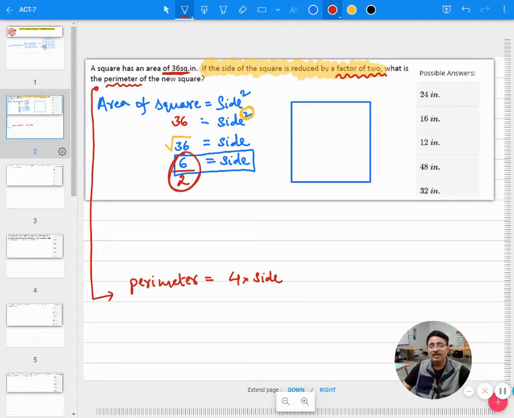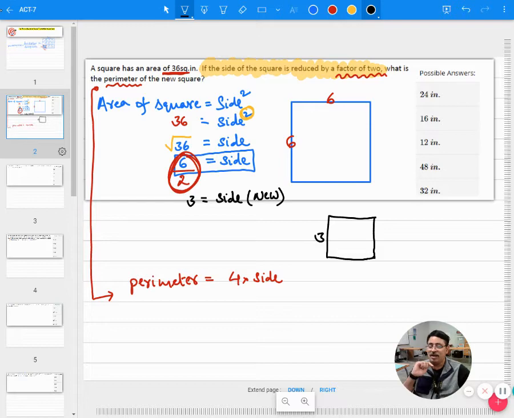That means whatever the side of the square we computed, which we got as 6, is reduced. That means it is made smaller by a factor of 2. So 6 divided by 2 is 3. So this is the new side, the new dimension of the new square. Okay, therefore this is going to be 3.